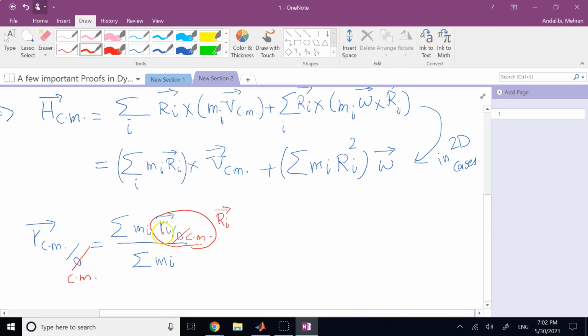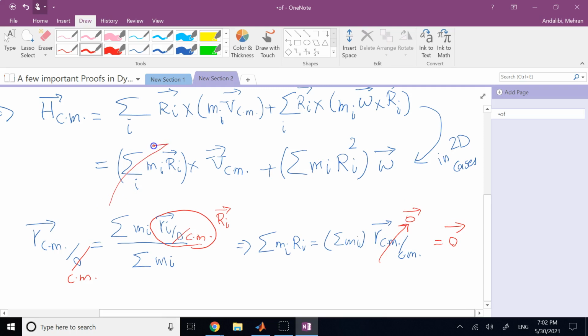So clearly, this term on the top is equal to the total mass of the system times position vector of the centroid with respect to itself. And guess what? Position vector of any point with respect to itself is 0, so the whole thing is 0.